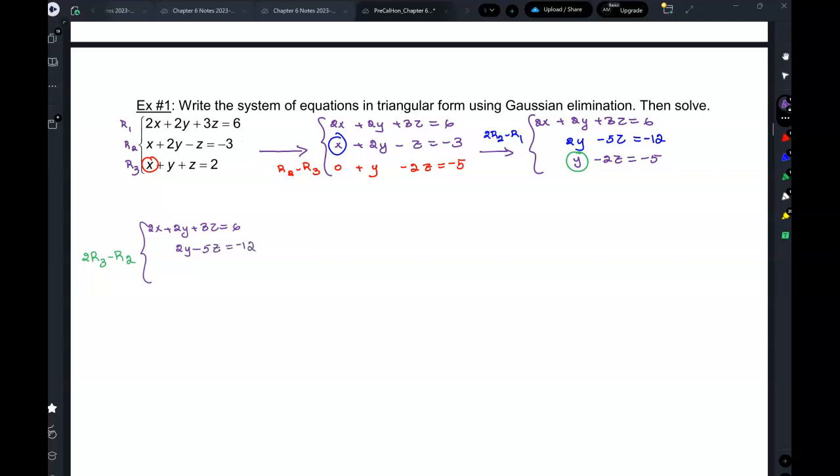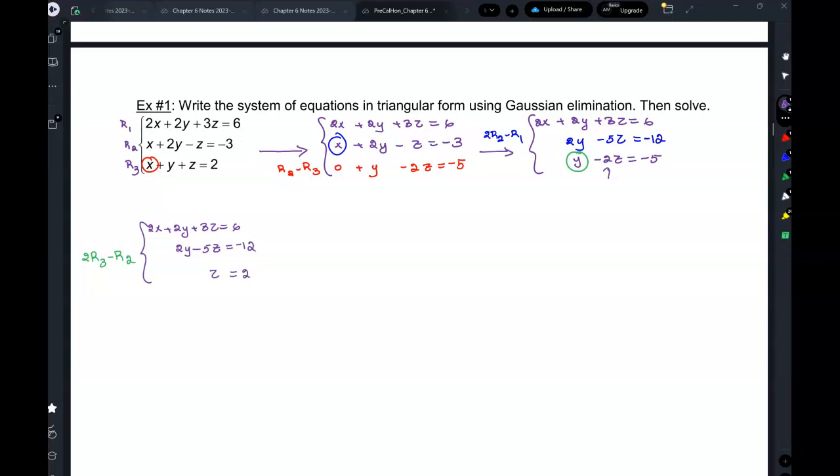So 2R3, that's 2y, minus 2y is 0. 2R3, so that's negative 4z plus 5z. How much is that? z equals 2R3, that's negative 10, minus negative 12, so that's 2.